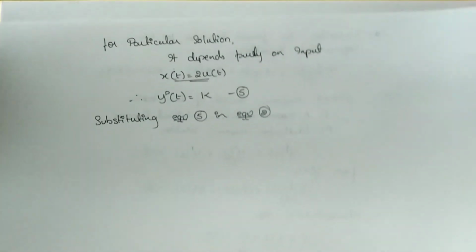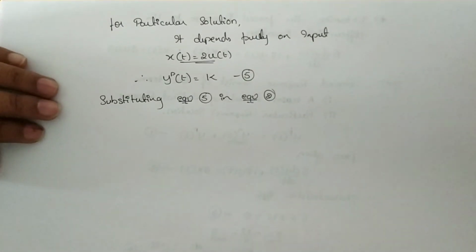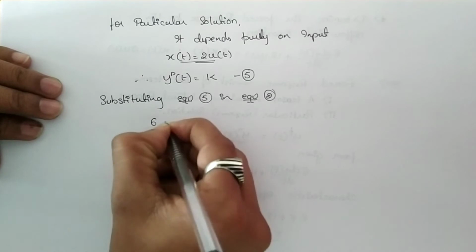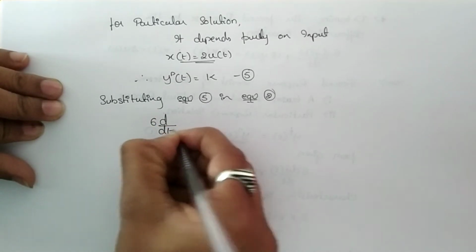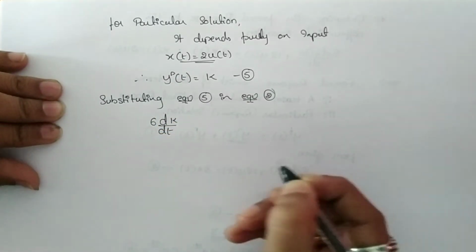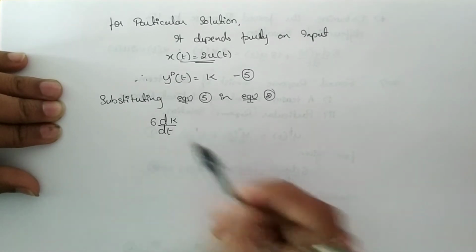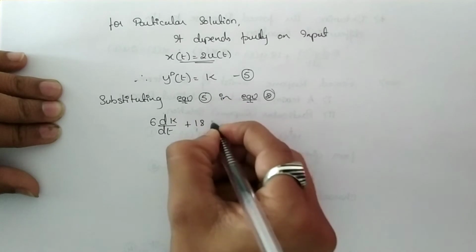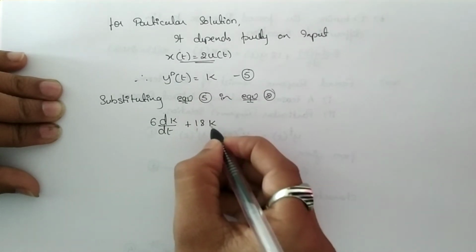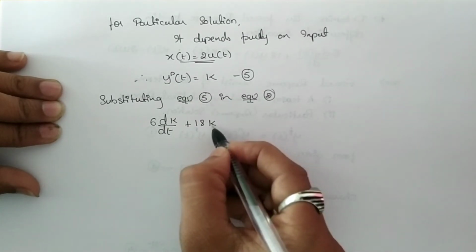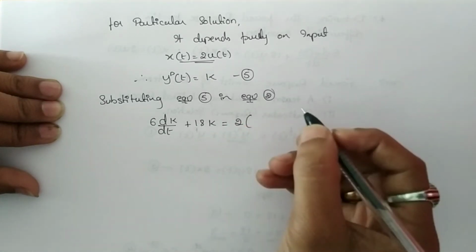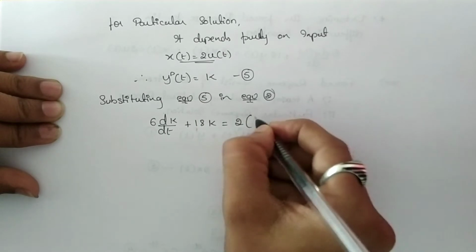Now we are going to substitute y(t) as k. Now we will have 6 times d/dt of k, since the y(t) value is k, plus 18 times k, since in the place of y(t) we have replaced it by k, which is equal to 2 times x(t). The x(t) value is 2u(t).